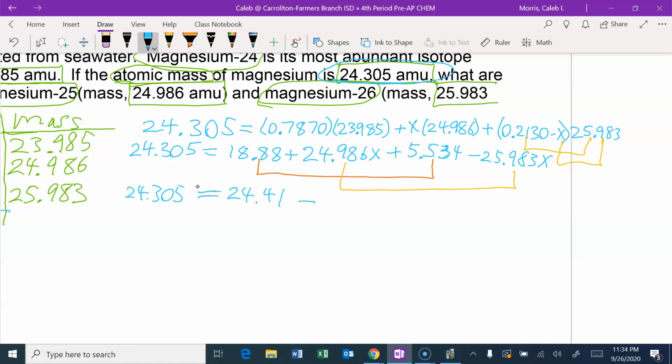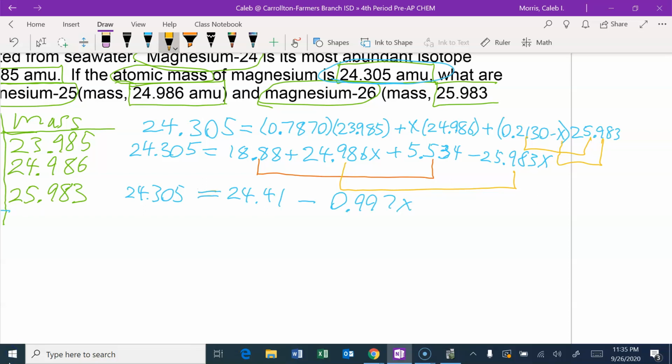And then we have minus 24.986X minus 25.983X, you end up getting negative 0.997X.